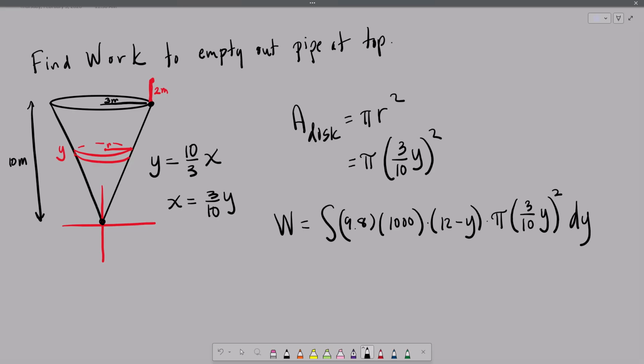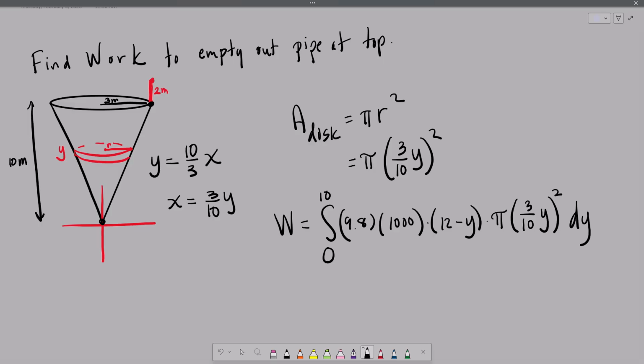So there is our setup. We have slices of water from 0 up to 10. The limits of integration always physically match where the water or the fluid is, not up to the pipe. The height of the pipe is coming into that distance traveled by your cross-section.